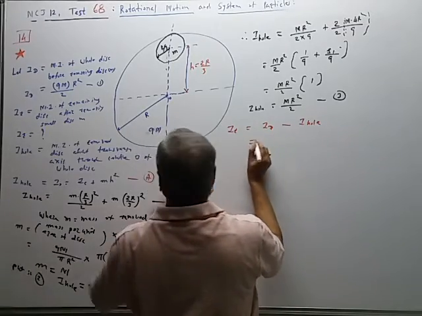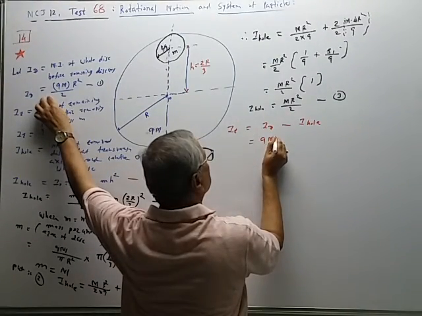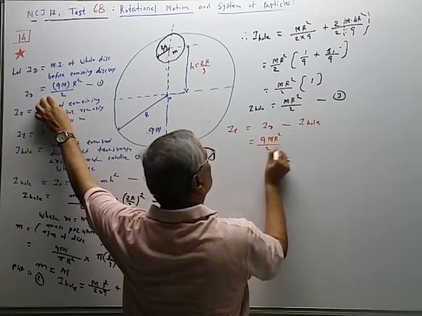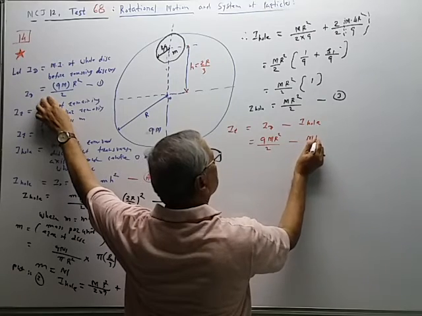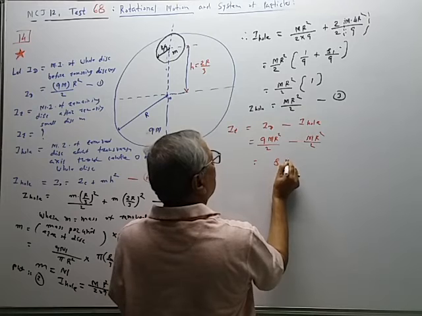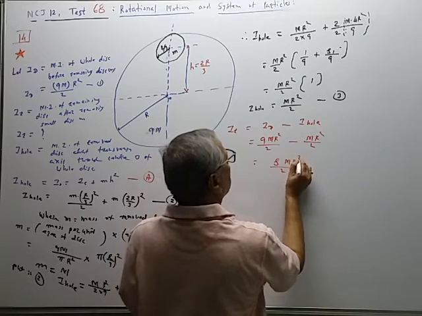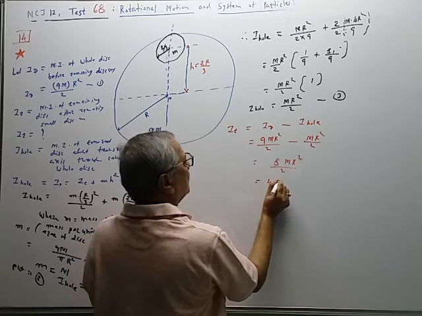So I disk is equal to 9 mr square by 2 minus mr square by 2, so that is equal to 8 mr square by 2, that is equal to 4 mr square.